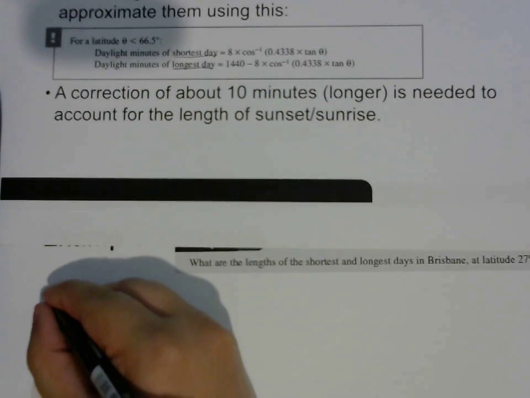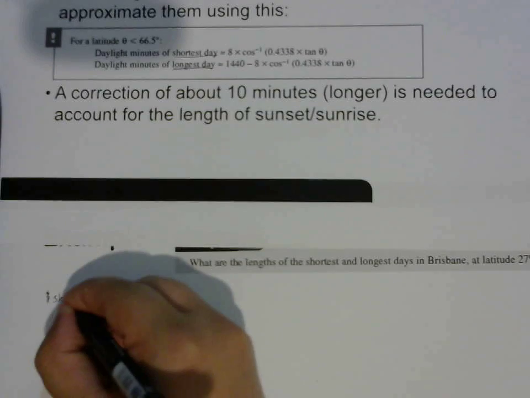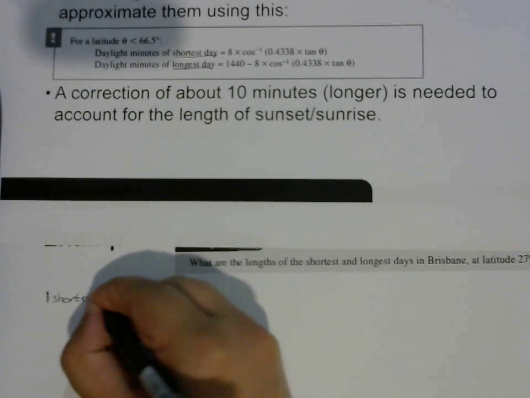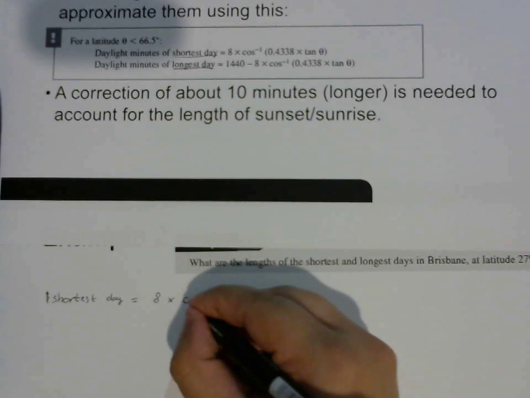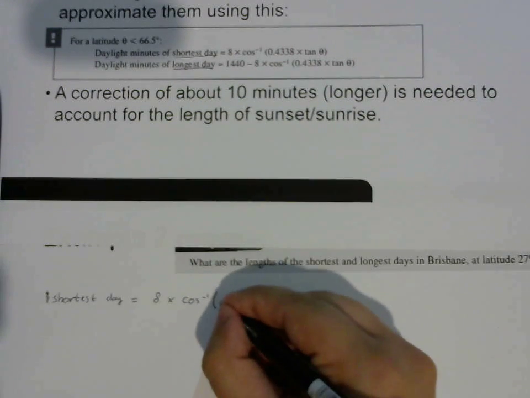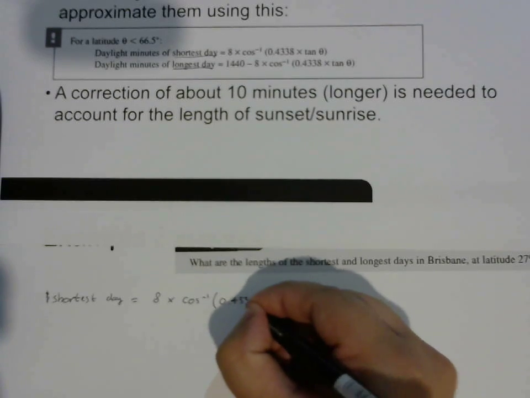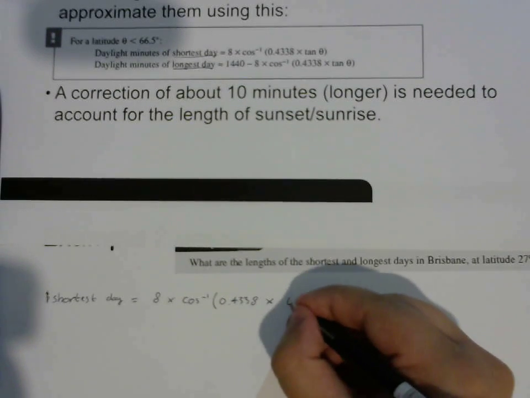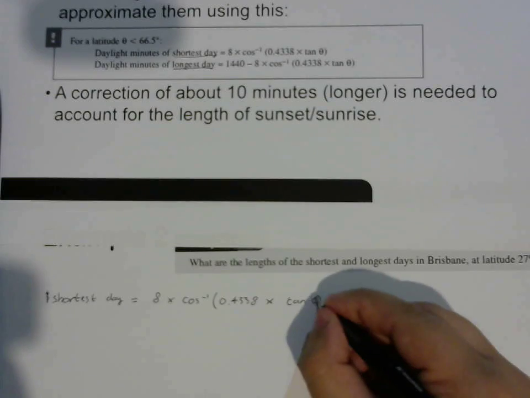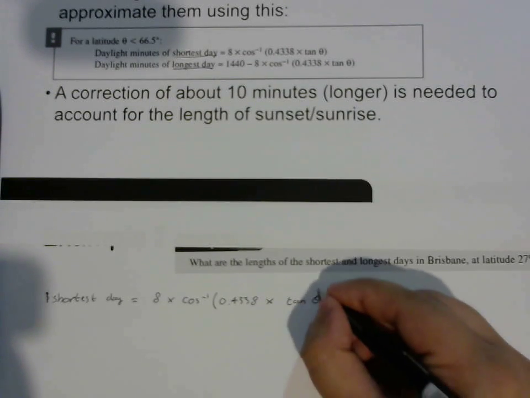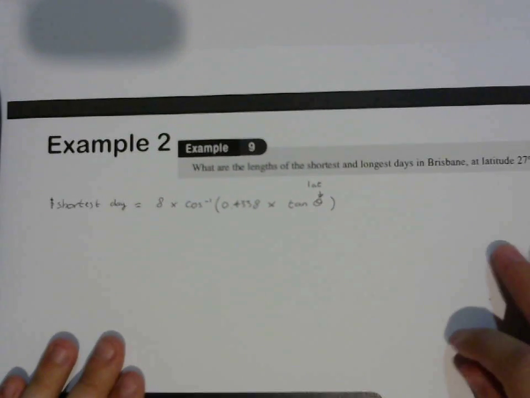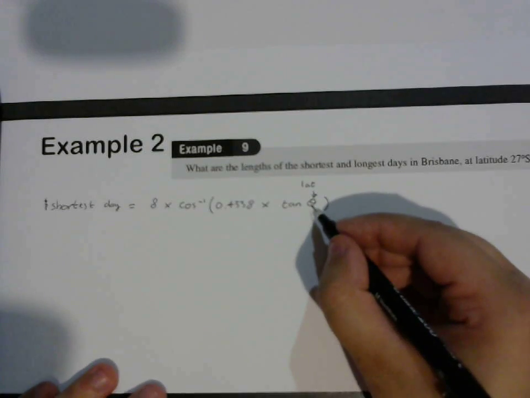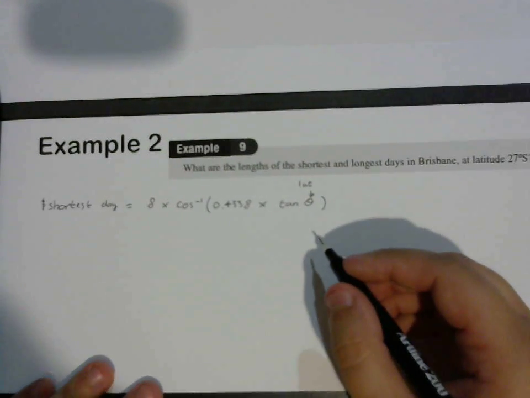For the shortest day, the rule is 8 times cos^-1 of 0.4338 times tan of the angle, which is the latitude. Now it seems pretty complicated, but you've only got one unknown. The rest your calculator handles.